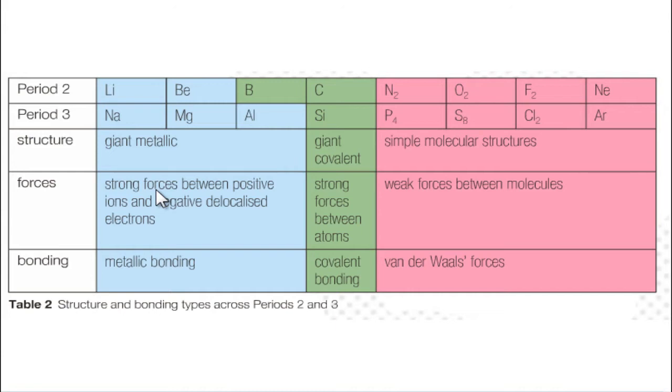But when you get to giant covalent structures, they have very high boiling points, and then when you get to gaseous atoms like nitrogen and fluorine, they have very simple molecular structures and weak forces between the molecules, so they must have van der Waals forces and very, very low boiling points compared to the giant covalent structures and the metallic bonding.